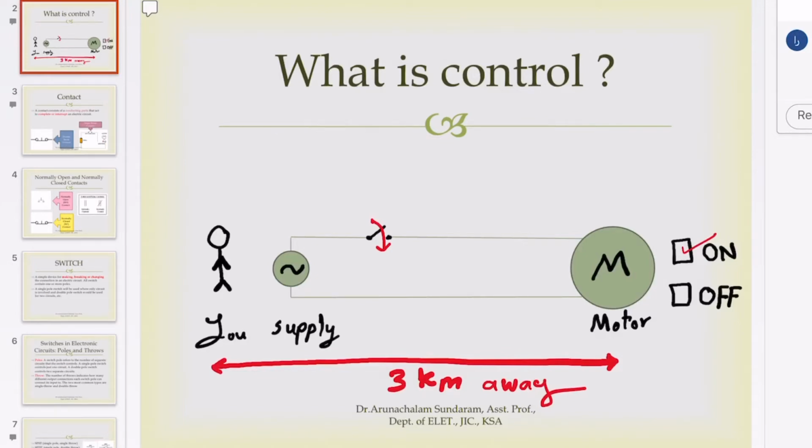That's why we use a push button. A push button is basically like this. Once you depress the push button down, you will close the circuit, and the motor will run.